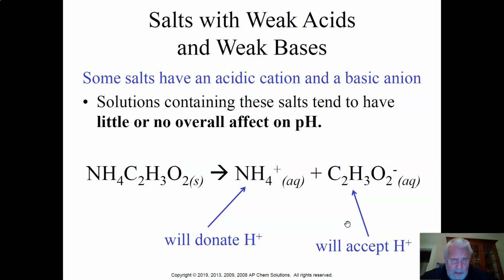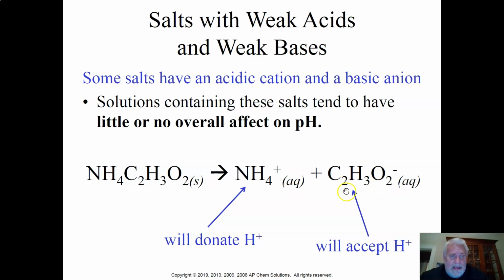Some salts can kind of go both ways and have an acidic cation and a basic anion. This is an example. Ammonium is a really good example where it has a hydrogen to donate, so it can effectively be an acid.